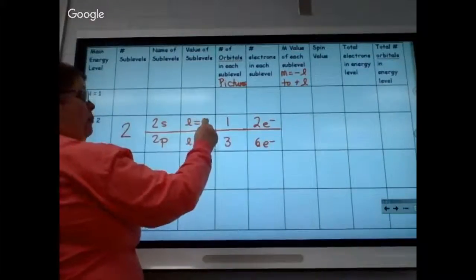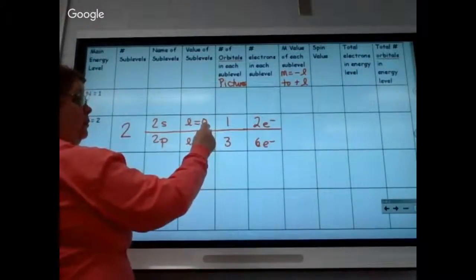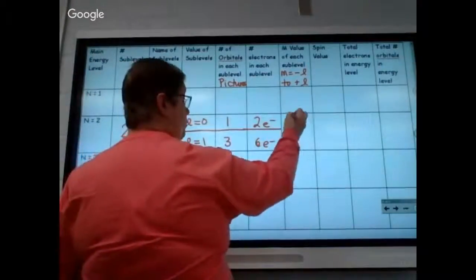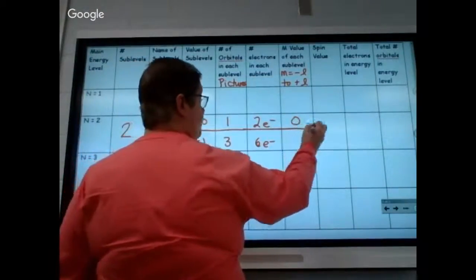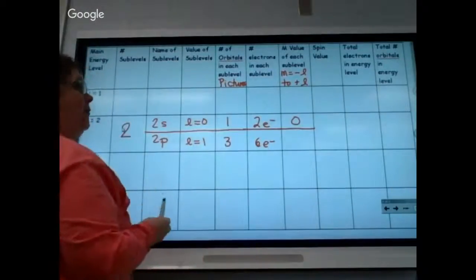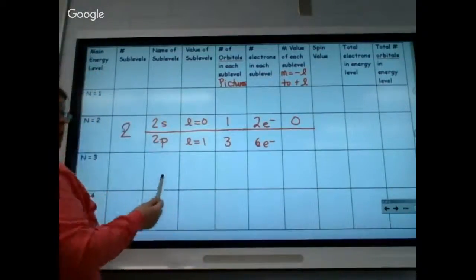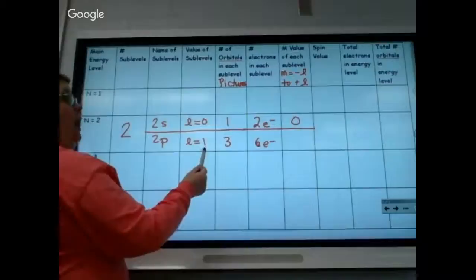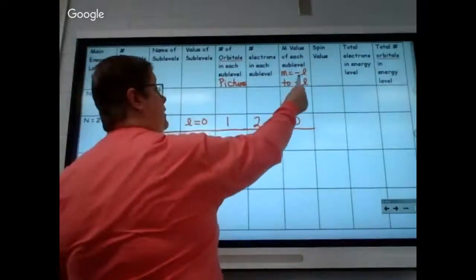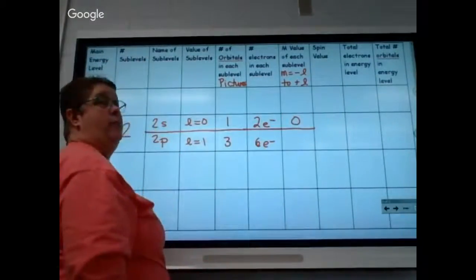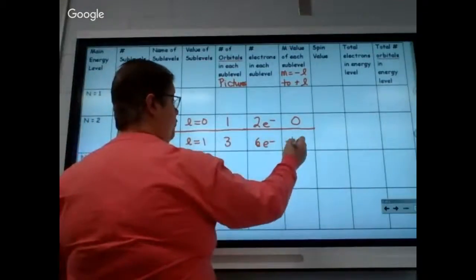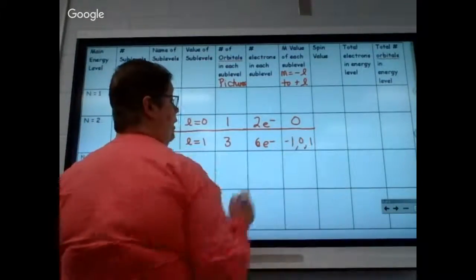I use this 0. So what's minus 0 to positive 0? It is 0. Now, for the p sublevel, I'm using the 1. So minus 1 to positive 1 would give me what numbers? Negative 1, 0, and 1.